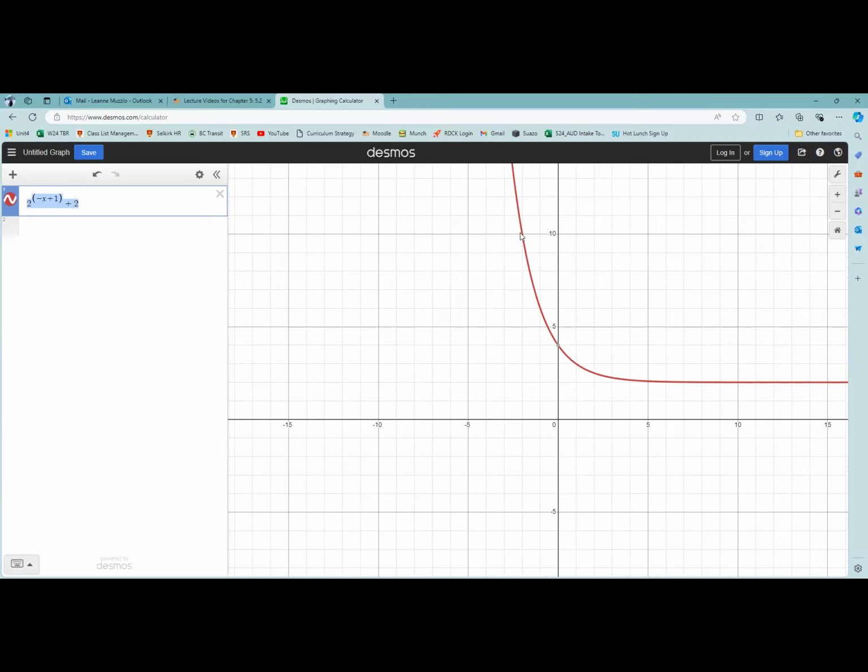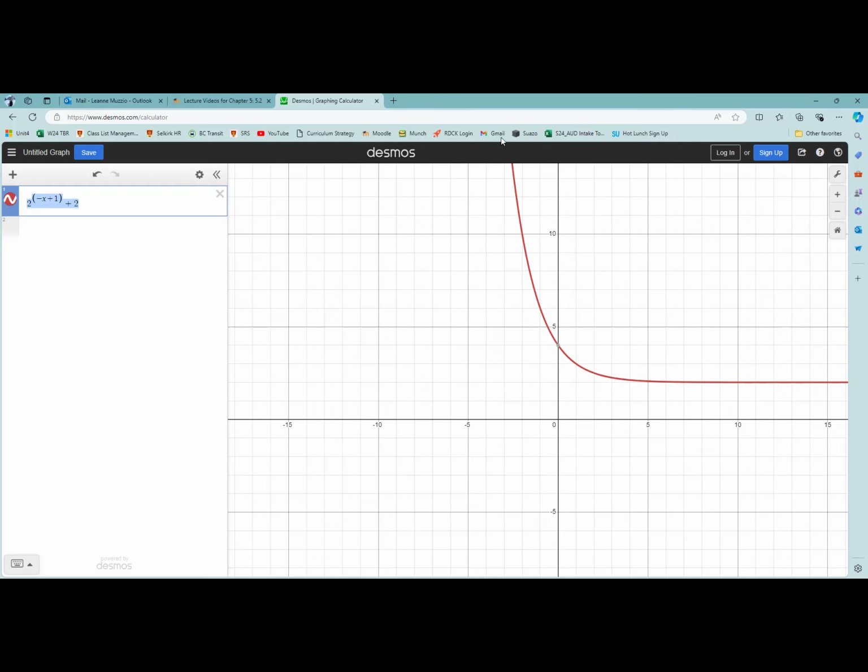Yep, there it is. -1 and 6. 0 and 4. 1 and 3. 2 and 2.5. It's right there. 3 and 2.25, and 4 and 2 1/8. So we were correct in this.